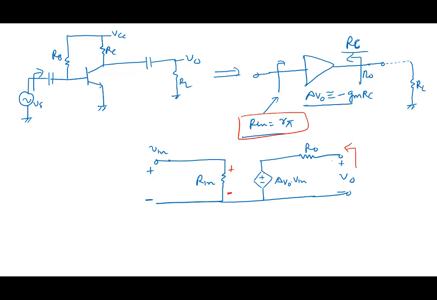When it is open circuit, the gain you will see is AV0, or the voltage that you will see is AV0 times Vin. And if you want to look at the resistance looking from here, we said the resistance is R0. So the whole amplifier looks like this. After analyzing, this whole amplifier can be thought of as Rin, AV0 Vin, and R0. That's why we are finding this out.